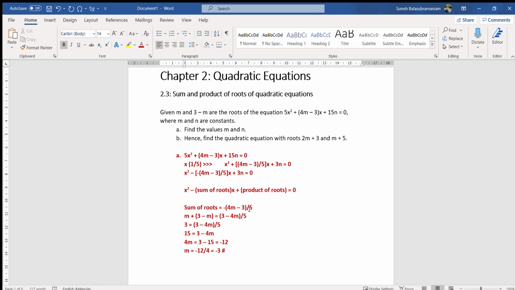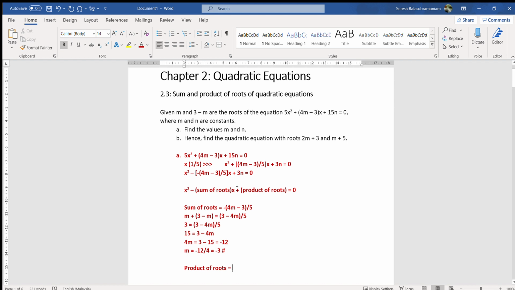Moving on, for n we need the product of roots. What's the value of the product of roots?